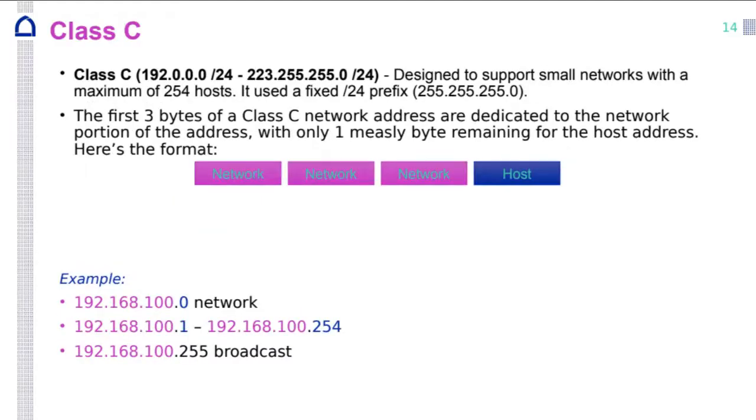Class C is /24, and it is from 192.168.100.1 to 192.168.100.254. This is an example. But this is the actual range, from 192.0.0.0 to 223.255.255.0.